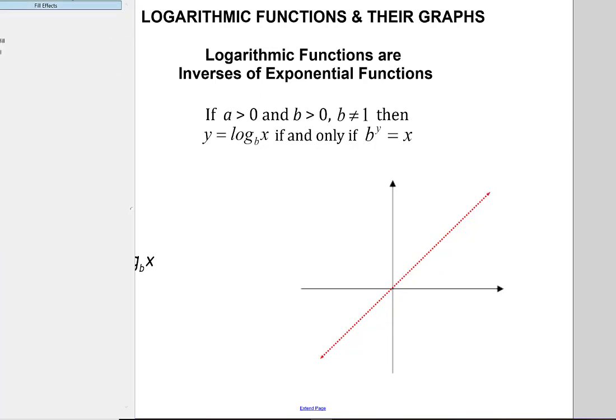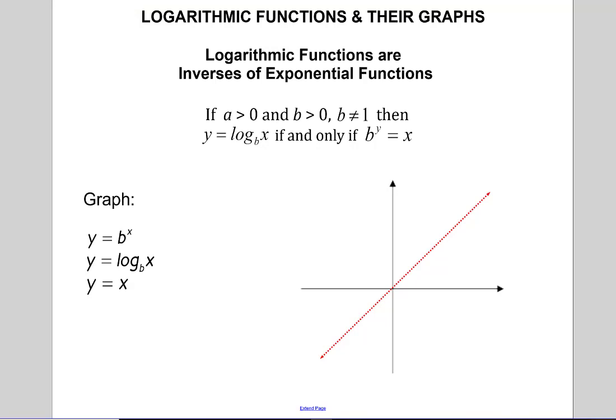Then the graph of y equals b to the x, we're going to do that in blue. Y equals b to the x would pass through the point (0, 1), no matter what the base was. The x-axis would be the horizontal asymptote. And then the log base b would be a reflection across the line y equals x.